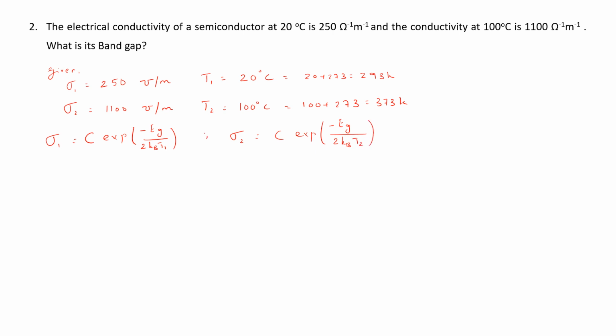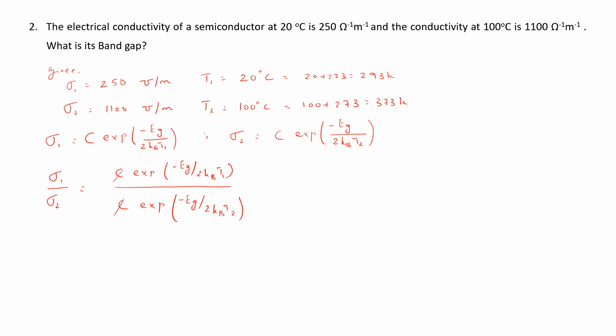So I want now Eg. So what I can do is take the ratio. So sigma 1 by sigma 2 is C exponential minus Eg divided by 2 kB T1, whole divided by C exponential minus Eg by 2 kB T2.